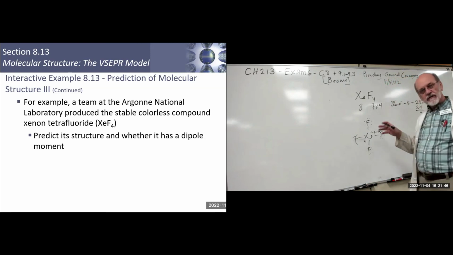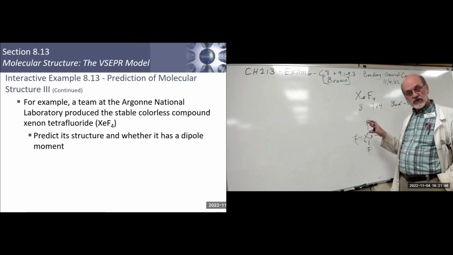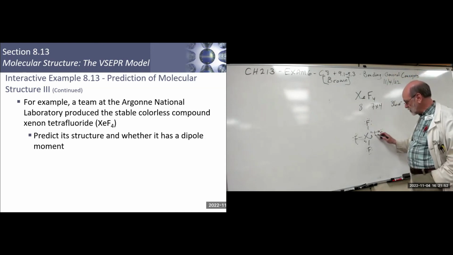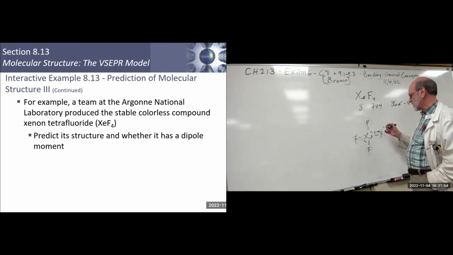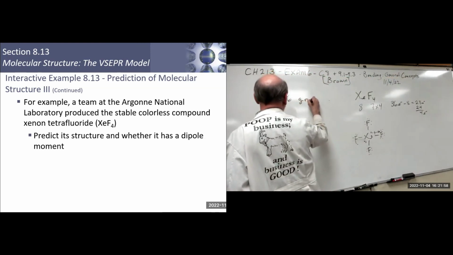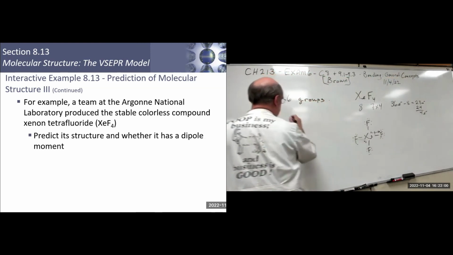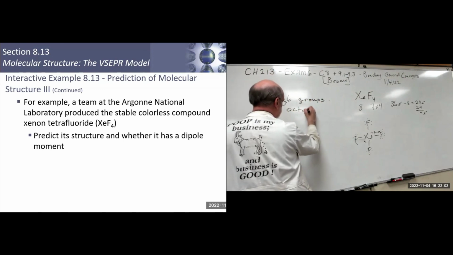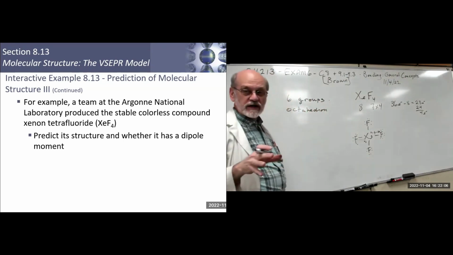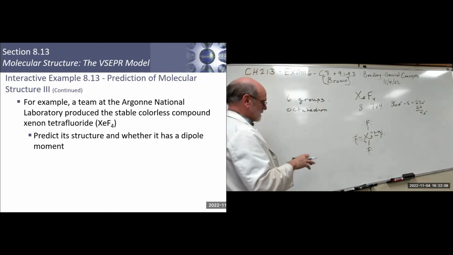So the question of dipole moment depends on its geometry. Well, its geometry should be 1, 2, 3, 4, 5, 6. 6 groups. Which means what? Octahedron. That's the electronic geometry, right?